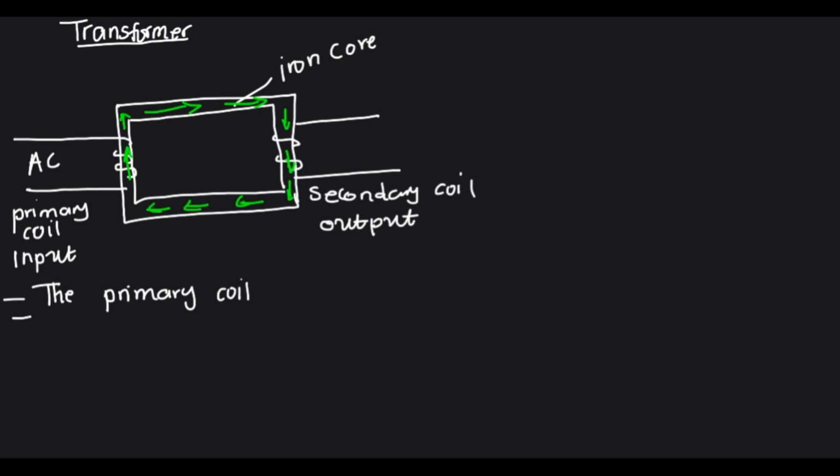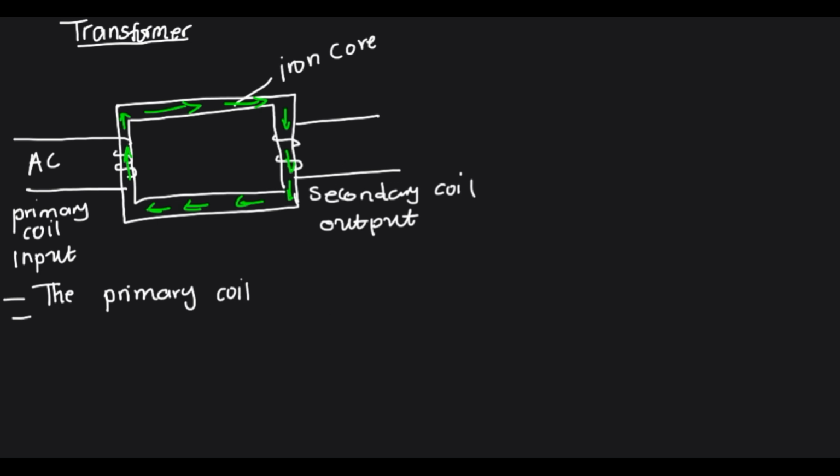When these alternating magnetic field lines pass through the secondary coil, an alternating voltage will be produced. So these are some of the steps or points that you may give if you are asked to define or explain how a transformer operates.